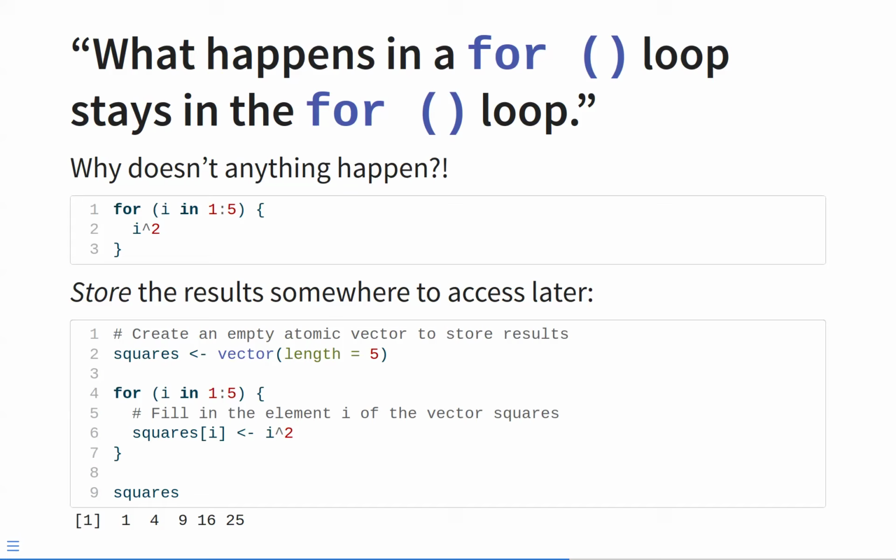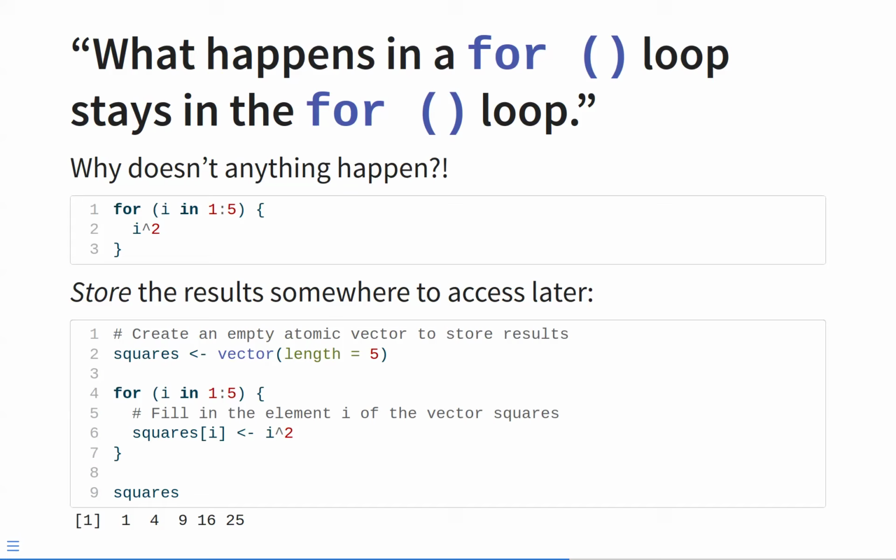That's because i is equal to 2, and so on, all the way up to 5. The fifth time we pass through this loop, we will set the fifth element of squares equal to 5 squared. When we're all done, we now have a vector that's full of all the numbers that we wanted. If we type squares in the console, we will see the vector 1, 4, 9, 16, 25.